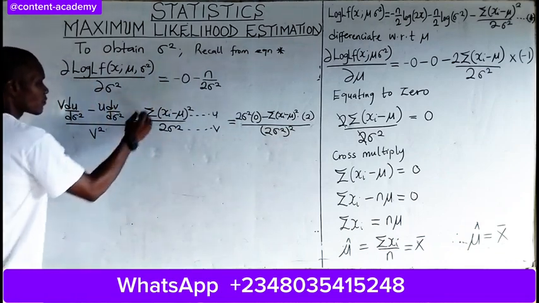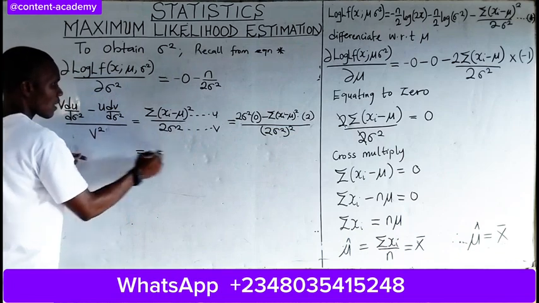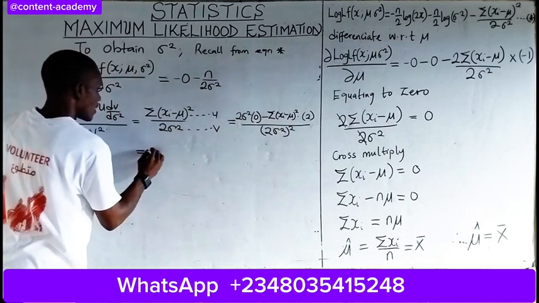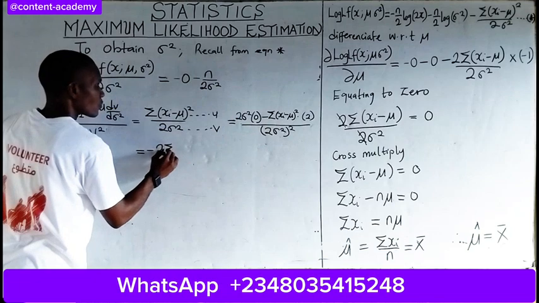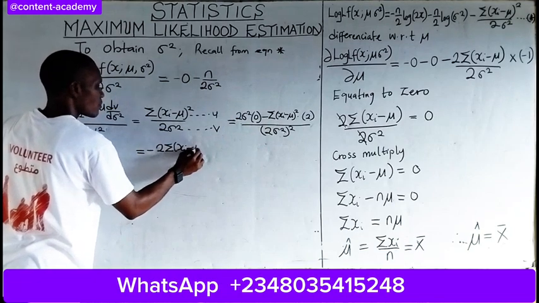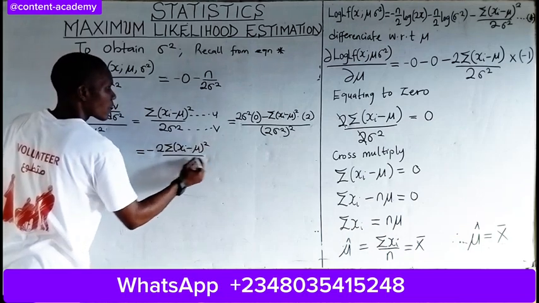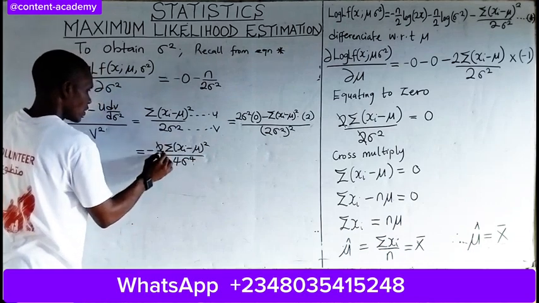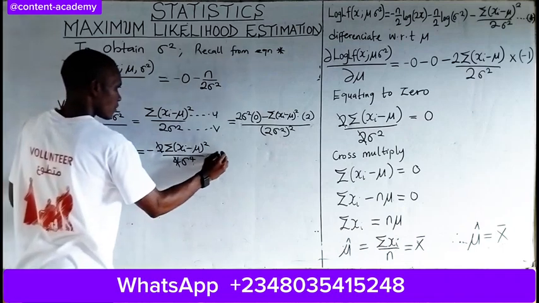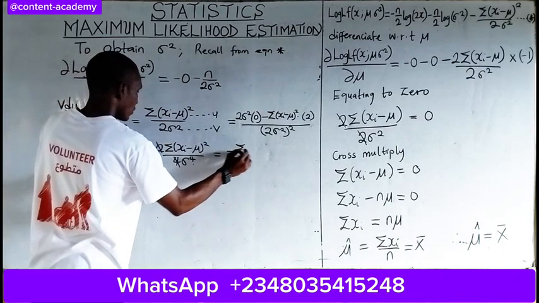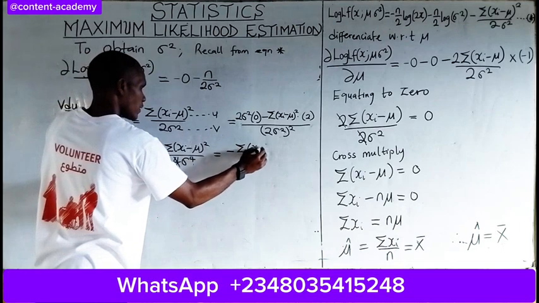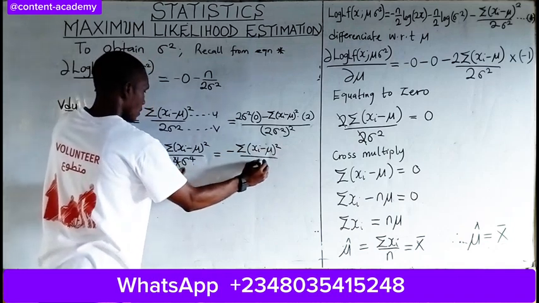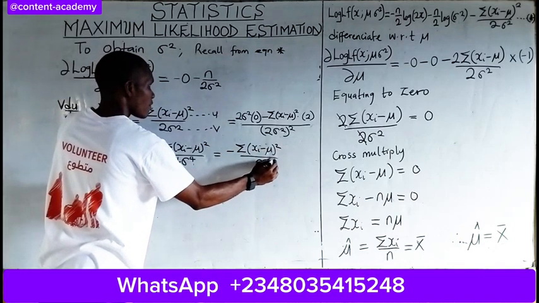So it means that if we rearrange this, we get our value for this time this is 0. We also have this as our negative 2 sigma summation of (xi minus mu) all squared all over 4 sigma 4. So this will cancel this to give us negative summation (xi minus mu) all squared all over 2 sigma 4.